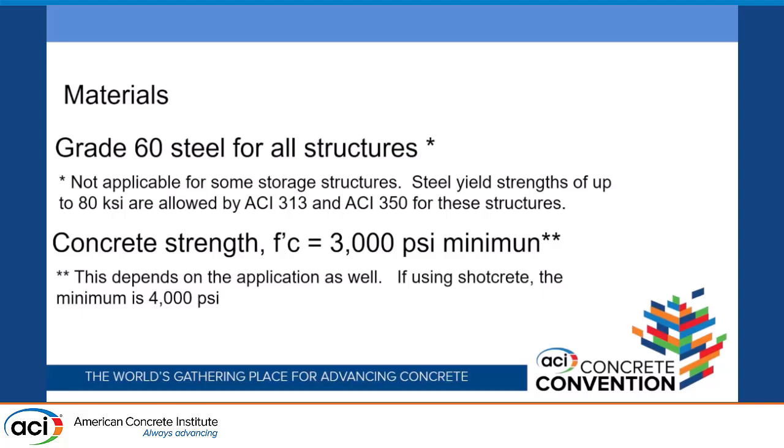And then concrete strength, it says in there we need 3,000 PSI minimum for shell structures. And it only goes up from there. Like many of our air-formed shells, they use shotcrete to build those, and ACI 506 says, hey, you've got to use 4,000 PSI minimum. So those are kind of our materials.